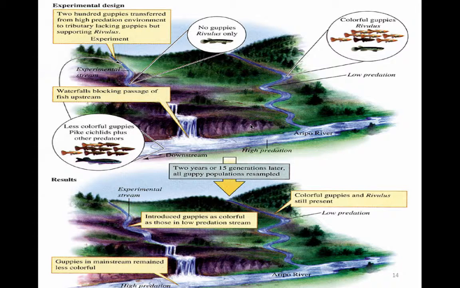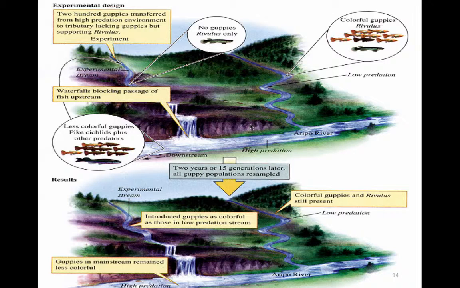In this experiment, the impact of predation on guppy color is measured again. There are 3 bodies of water, 1, 2, and 3. Body of water 1 is the Rivulus only tributary lacking in any guppies.